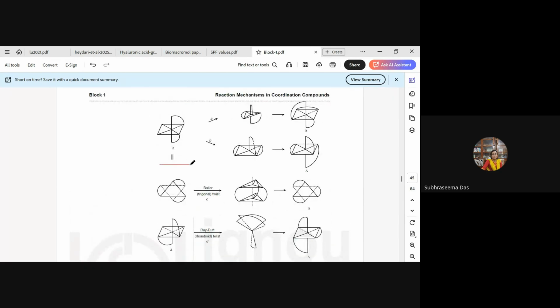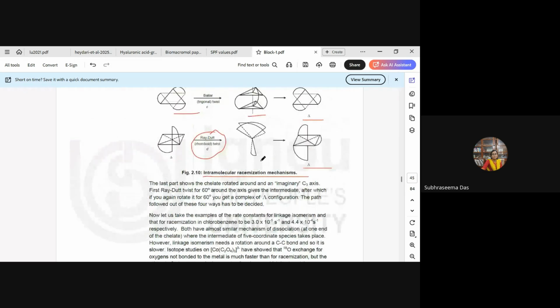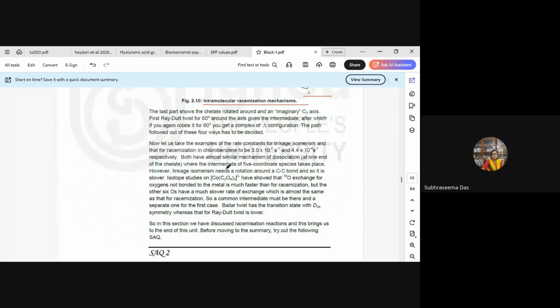You can see how it changes with a trigonal twist, and the last one is the Ray and Dutt twist. It is shown around an imaginary C3 axis, and we can see the final configuration.